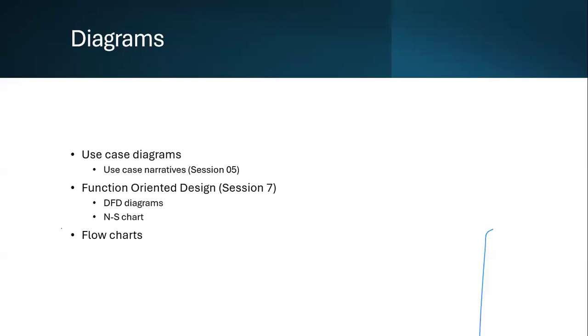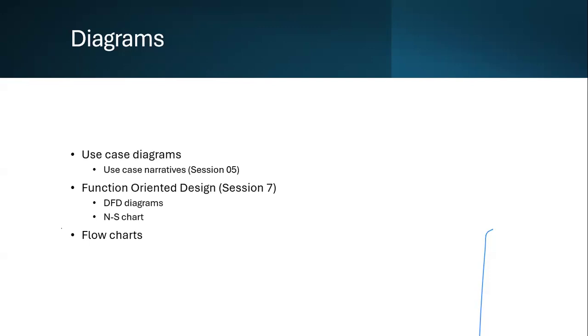I'm not sure whether these might be in the paper or not. Even I haven't seen the paper yet. So there could be a possibility of this kind of scenario. Then under functional oriented design, that's in session 7, you should have a basic understanding of DFDs, data flow diagrams, as well as NS charts.